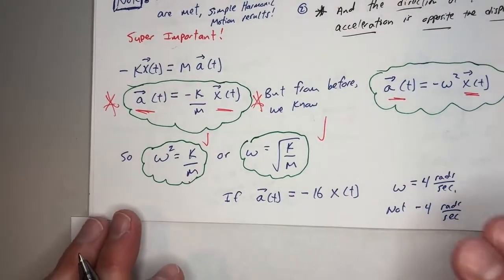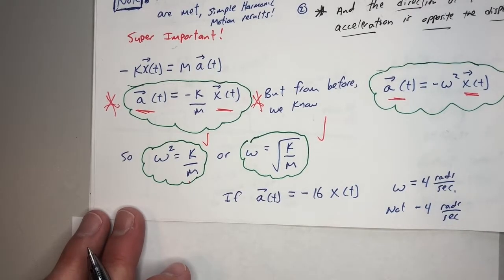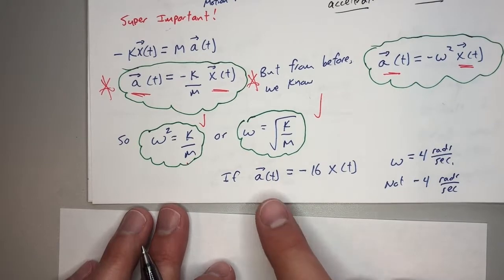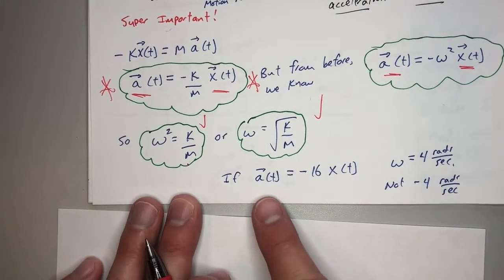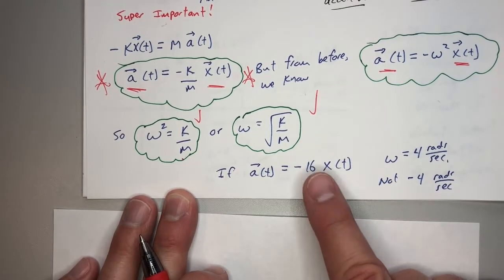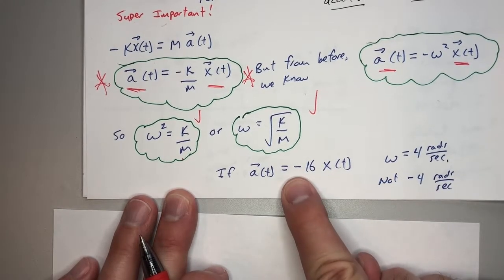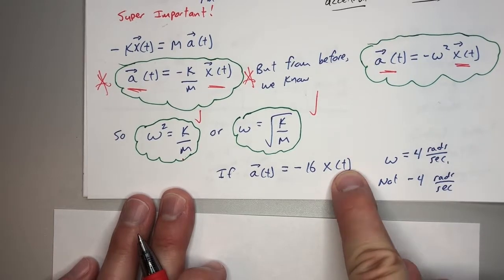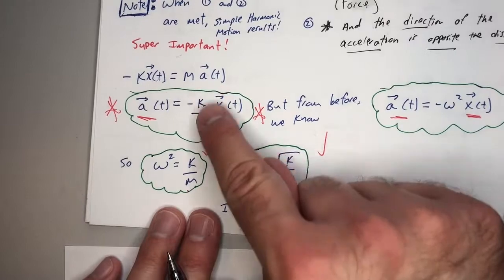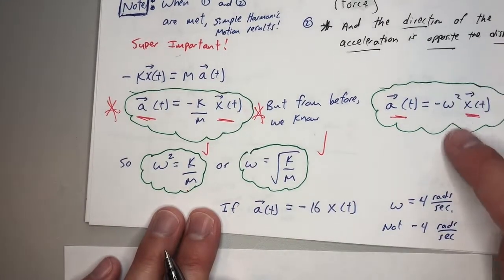And all I'm doing is just deriving some equations that are going to come in handy later. One little thing: they might write something that looks really complicated, but if they said a of t equals negative 16 x of t, whatever number is out front, and yes, there's a negative there, that just means whatever way the position goes, the acceleration is in the opposite direction. That number right there could be your k over m number, or it could be your omega squared number.